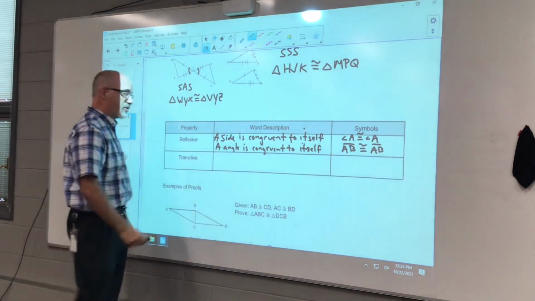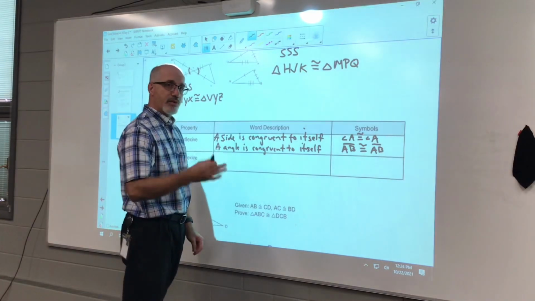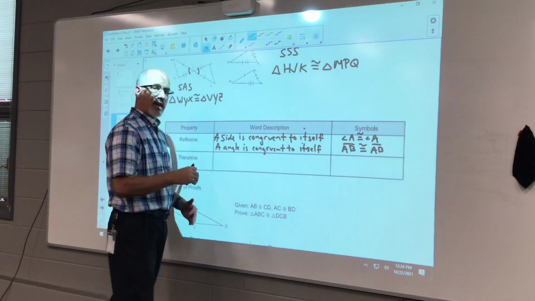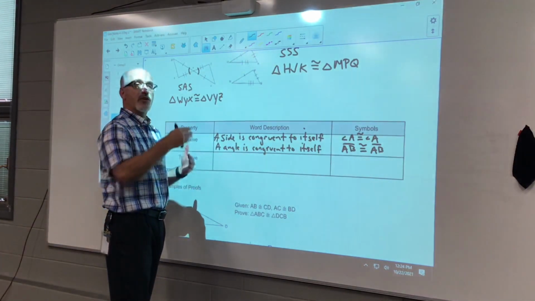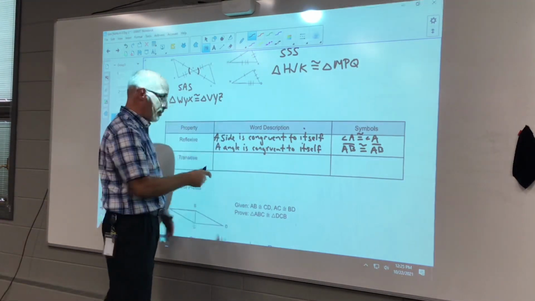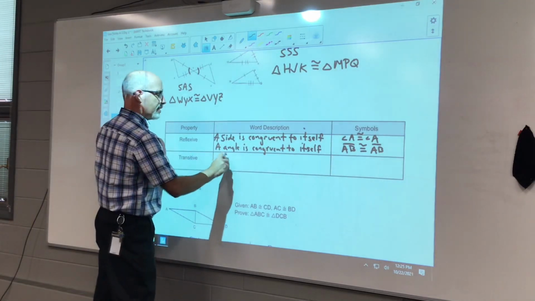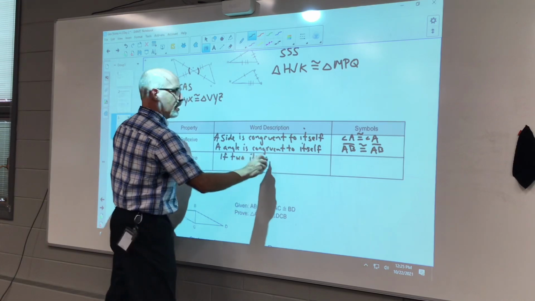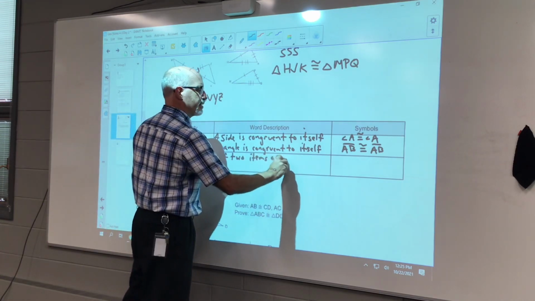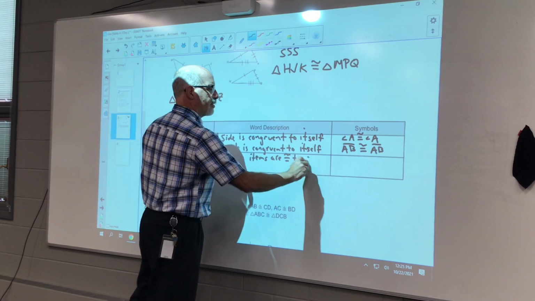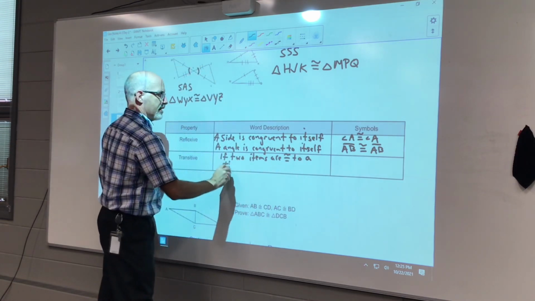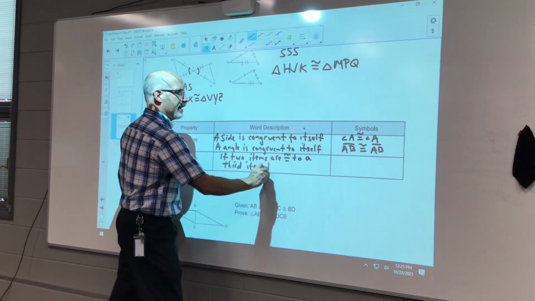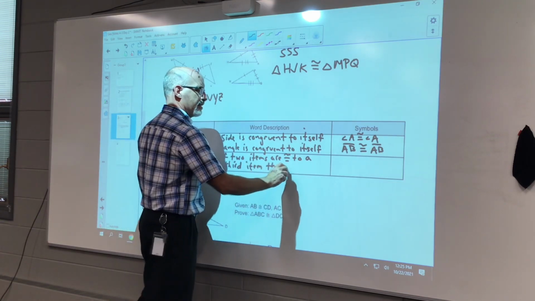And just a reminder of transitive, this is a property we've used a lot recently, but what it means is if two things are congruent to a third thing, then they're congruent to each other.